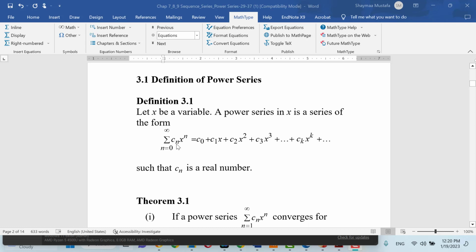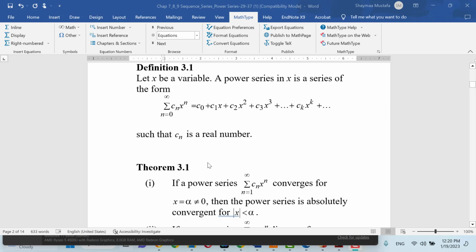So when can we say that this series is converged, and when can we say that this series diverges? Actually, for any power series we have an interval of convergence.